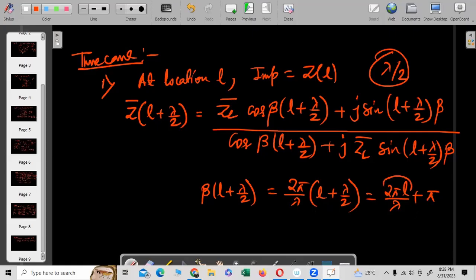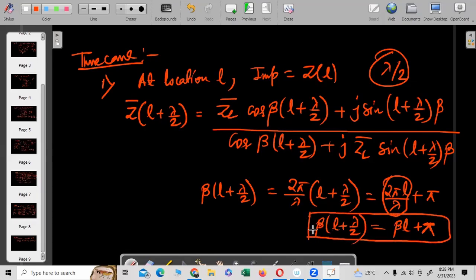So 2 pi L by lambda is nothing but beta into L, plus pi. Is it clear? So L plus lambda by 2, we are getting as beta L plus pi. I think it is clear. Then you substitute beta L plus pi wherever L plus lambda by 2 appears. You will get the answer.